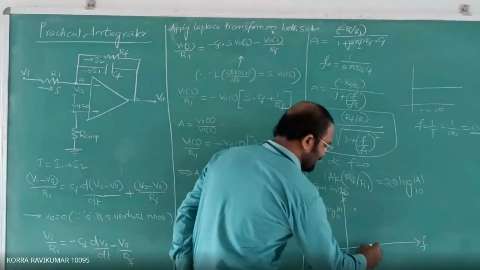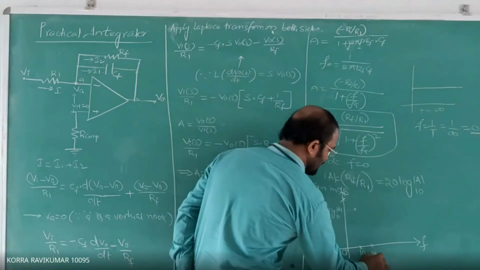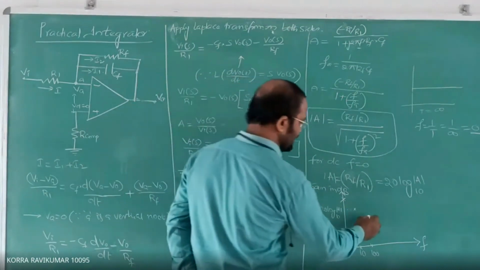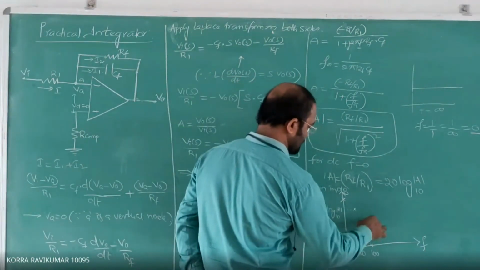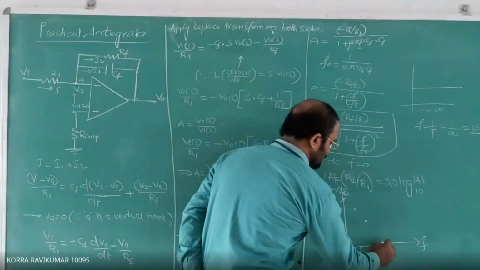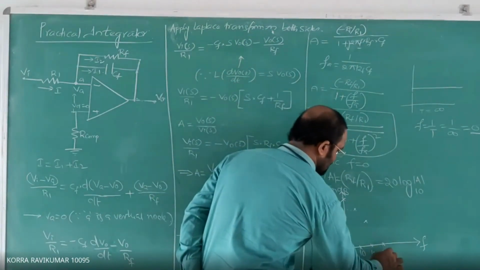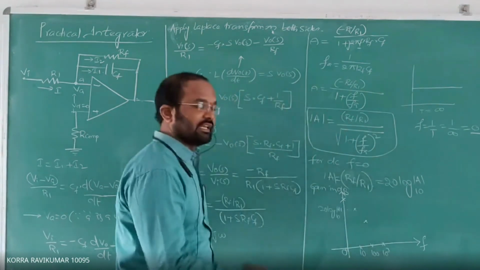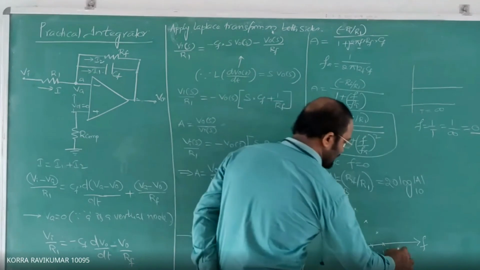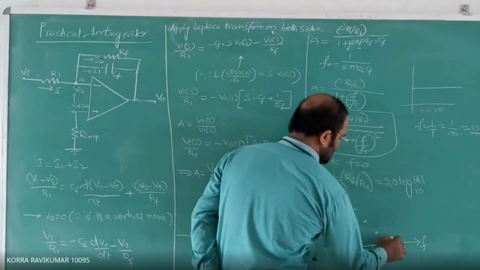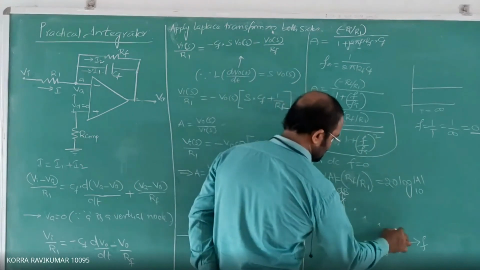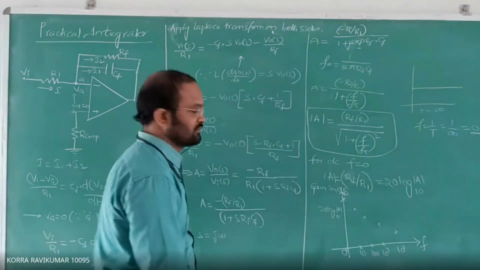If you increase the frequency to 100 hertz, then again gain decreases. If you increase the frequency to 1 kilohertz, that is 10 power 3 hertz, then again gain decreases. If you increase the frequency further, gain decreases again.